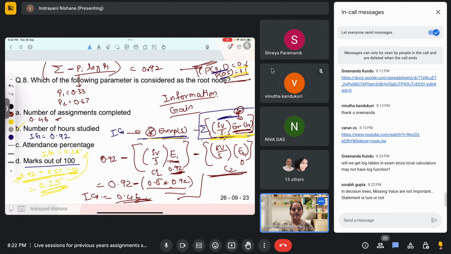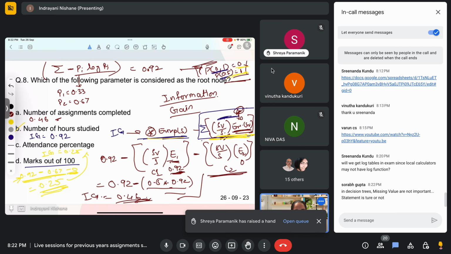What he said is that in the exam you will be given an online calculator which will have a log function also. You have to be careful to use log to the base 2 and not log to the base 10, so be careful which log function you are calling.